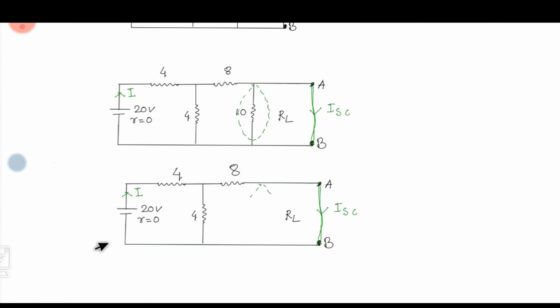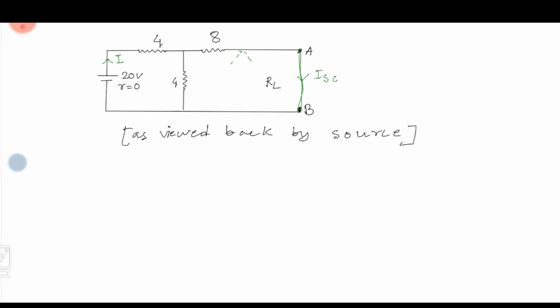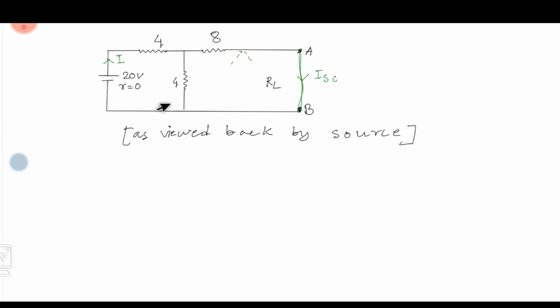So now we will find this current I, as viewed back by the source. This term, viewed back by the source, means we will consider our measurement considering this source. First of all we will find the total resistance, considering this voltage source first.